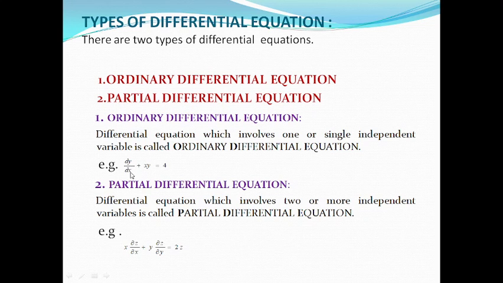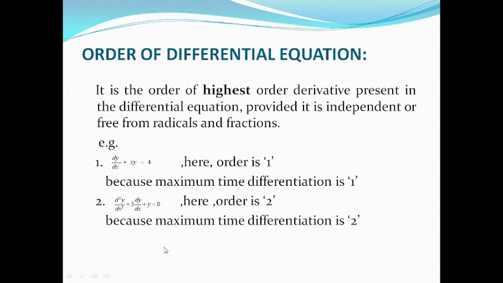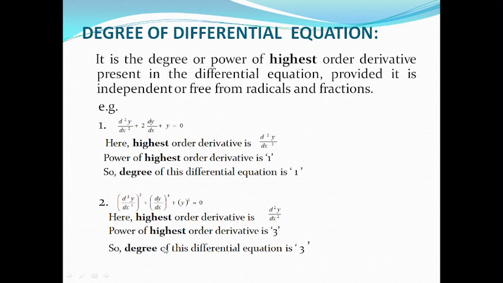Here x is the only independent variable. On the other hand, a differential equation which involves two or more independent variables is called a partial differential equation. For example, x ∂z/∂x + y ∂z/∂y = 2z. Here, z is the dependent variable whereas x and y are two independent variables.